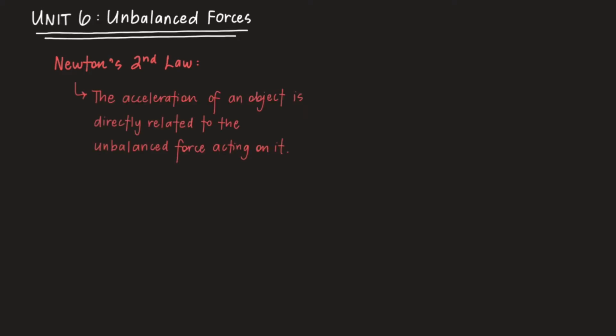So as I just said in that example, the most important thing to remember about this unbalanced forces unit is Newton's second law. So Newton's second law tells us that the acceleration of an object is directly related to the unbalanced force that's acting on it. And that's a lot of words, but we like to remember our equation, F equals ma. So there's a lot of forces out there like Fg, Fn, Ft, Ff.